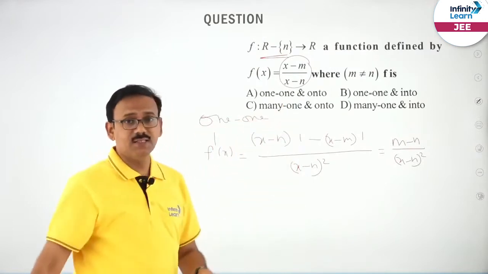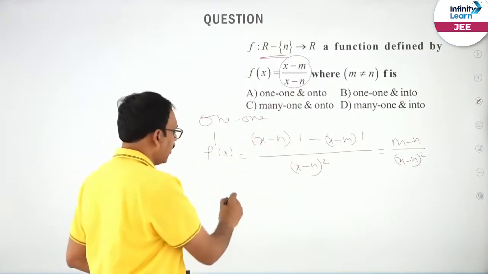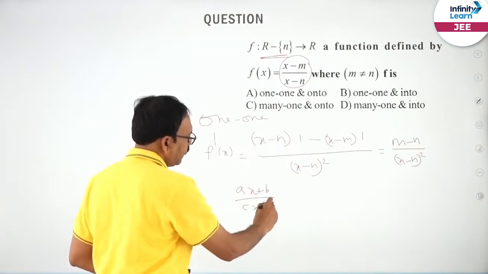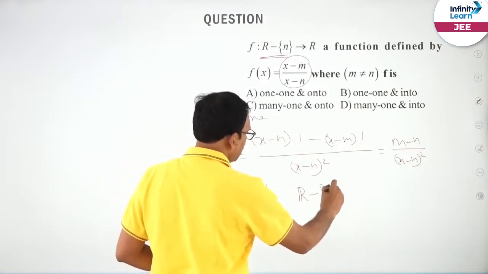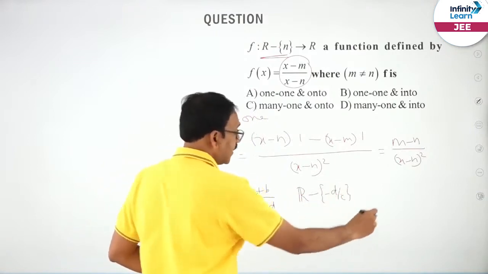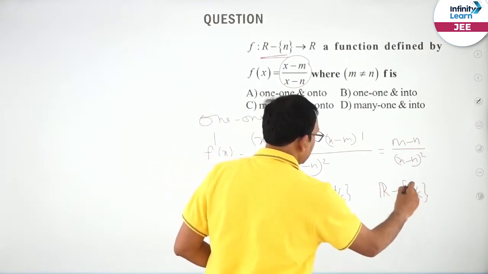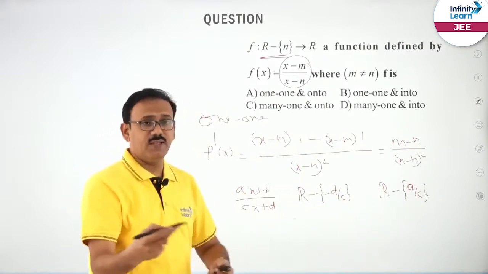What about range? Friends, I think you know the range of this. I already told you for ax plus b by cx plus d kind of function, domain is R minus minus d by c, whereas range is R minus a by c. This is the range, because you can just take it equal to y, you will get the value.